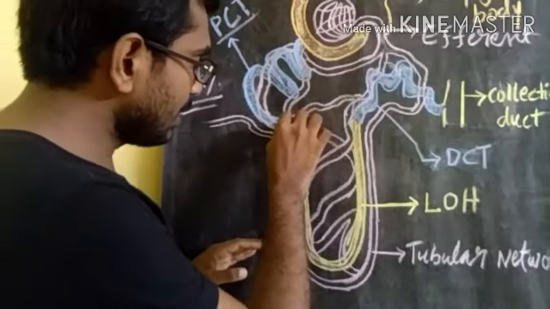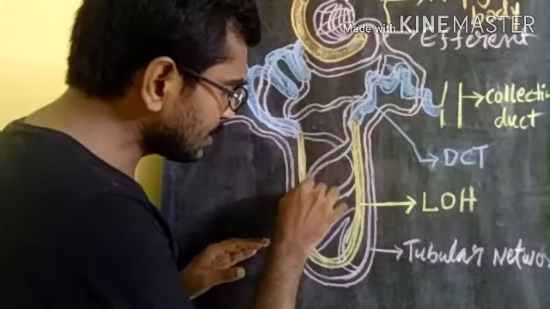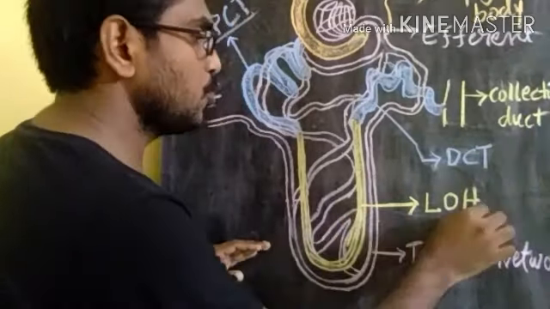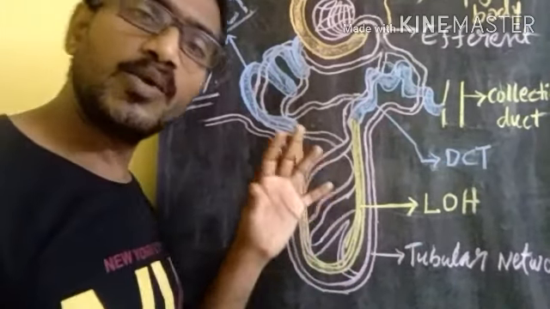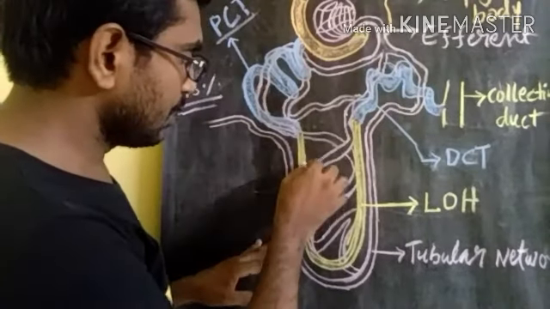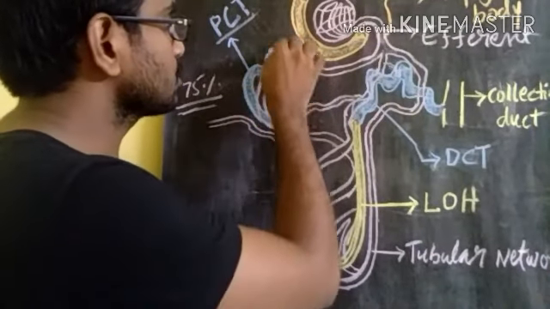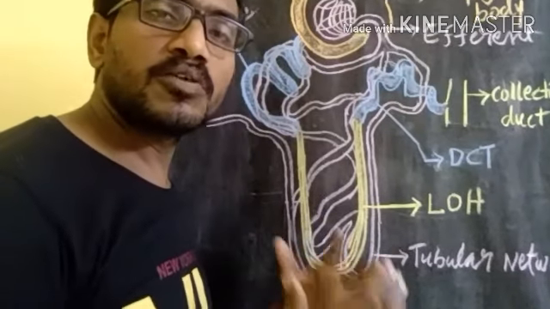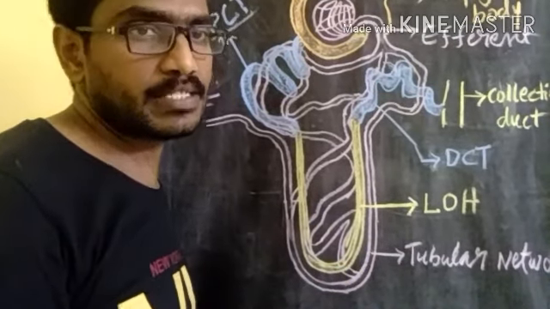Then the remaining urine enters the loop of Henle. In the loop of Henle also, reabsorption takes place. This is the descending limb and this is the ascending limb. In the descending limb, reabsorption of water takes place, and in the ascending limb, reabsorption of sodium chloride takes place.